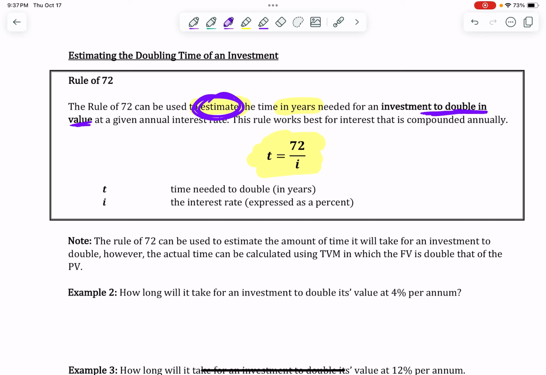A couple of things about this rule. It's t is equal to 72 over i. Pretty straightforward in terms of its calculation. But I don't love the variables it uses, because it uses a little t to represent the time needed to double, and a little i to represent the interest rate.